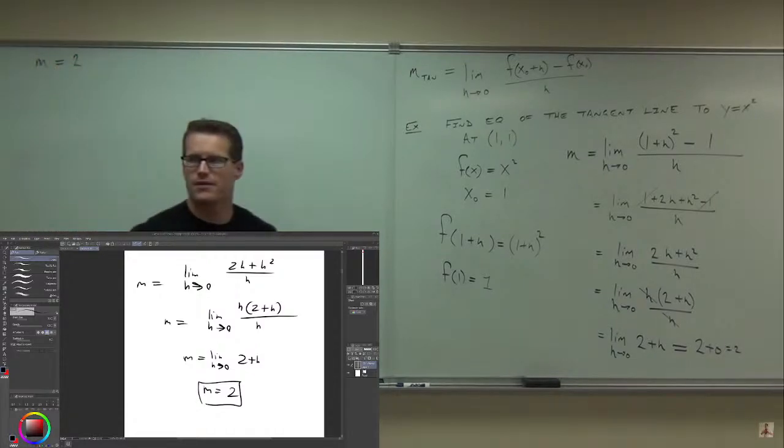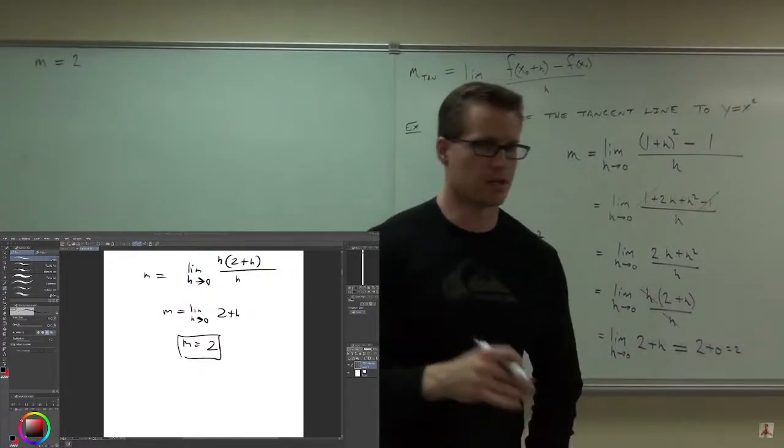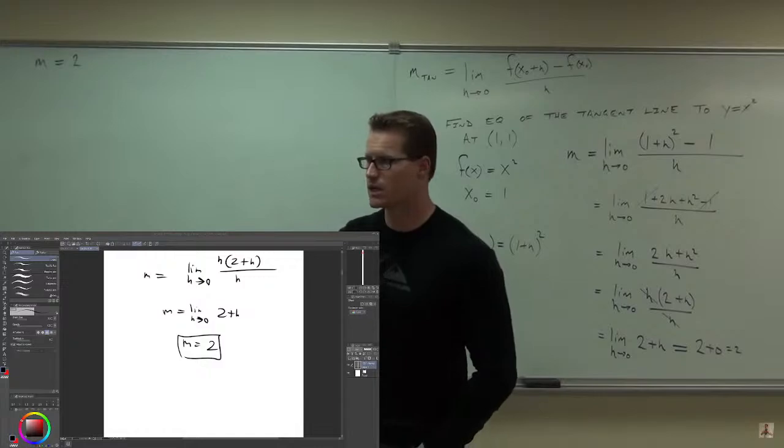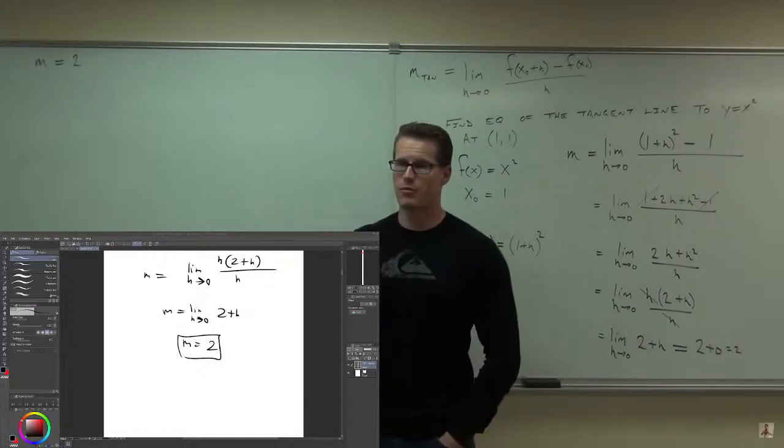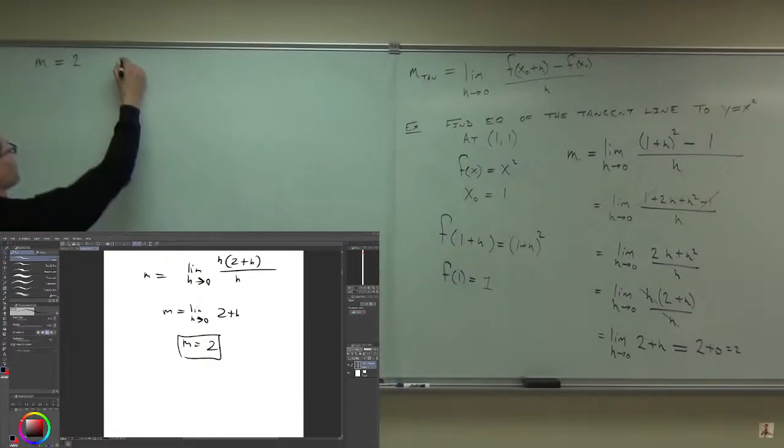Can you find the equation of the line? What do you need to find the equation of the line? You need two things always to find the equation of a line. Point and slope. Do we have a point? What's the point? Okay. Do we have a slope? 2.